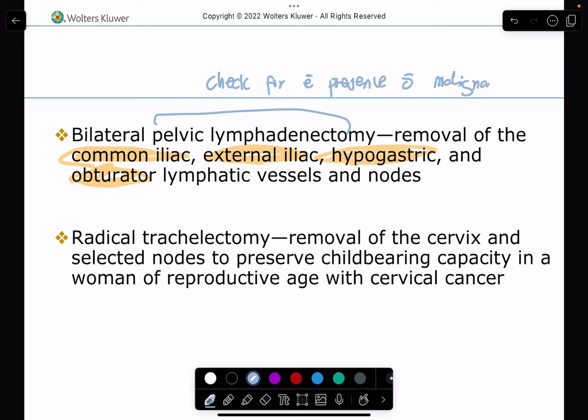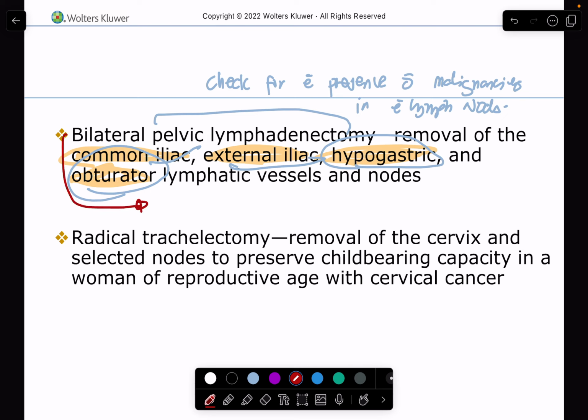Malignancies in the lymph nodes. Lymph nodes affecting the iliac, external iliac, hypogastric, and obturators, lymphatic vessels. And also, we are going to perform this type of surgery or approach in order to assess for metastasis.